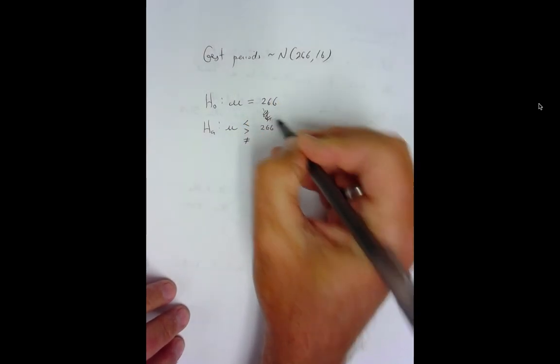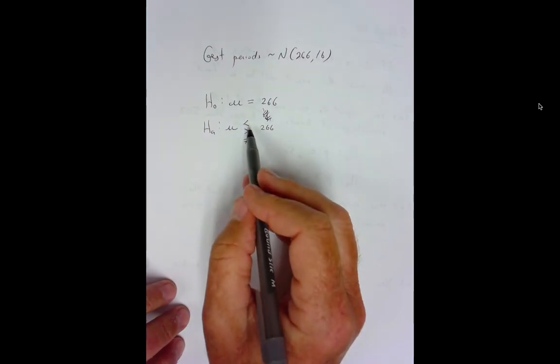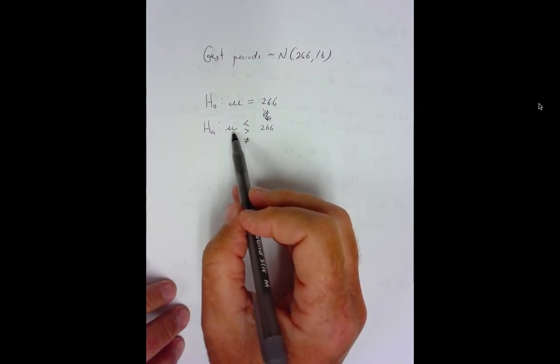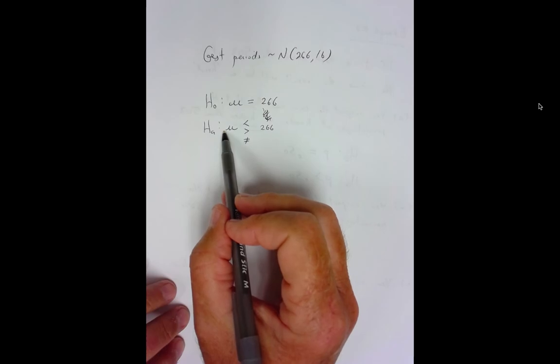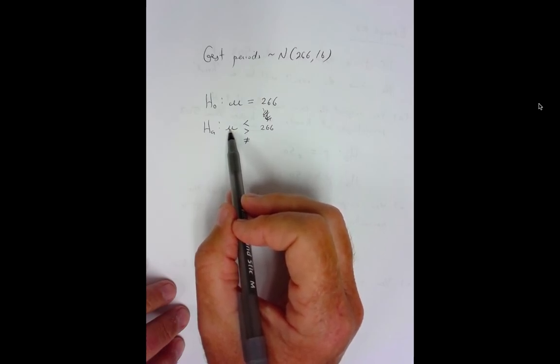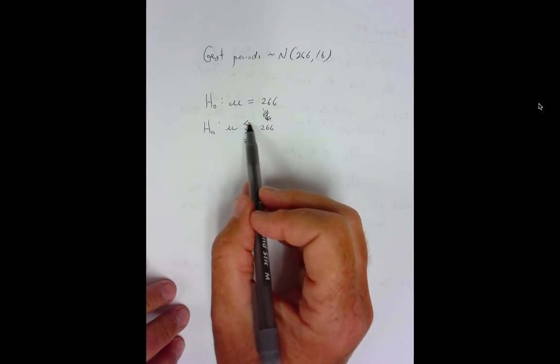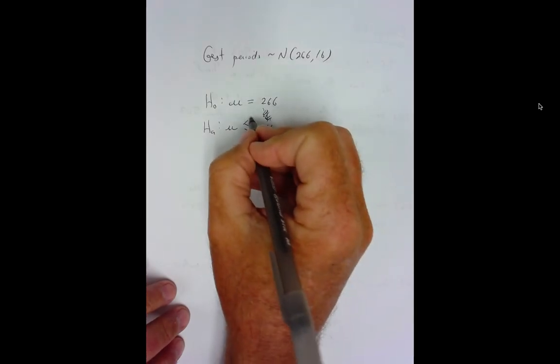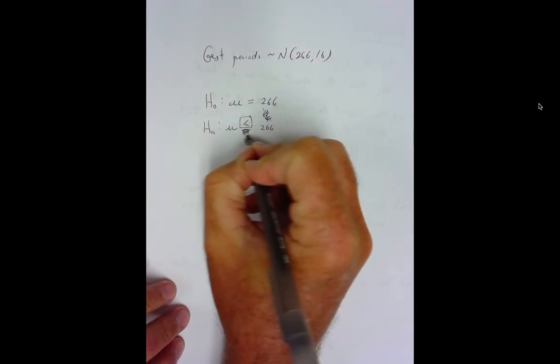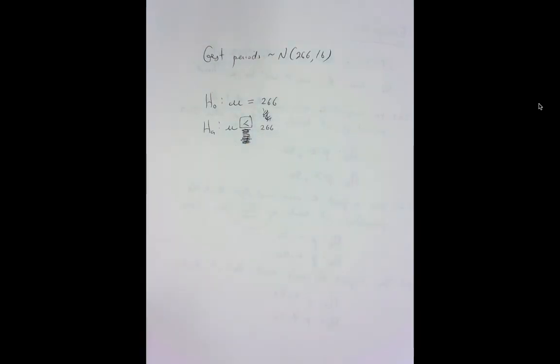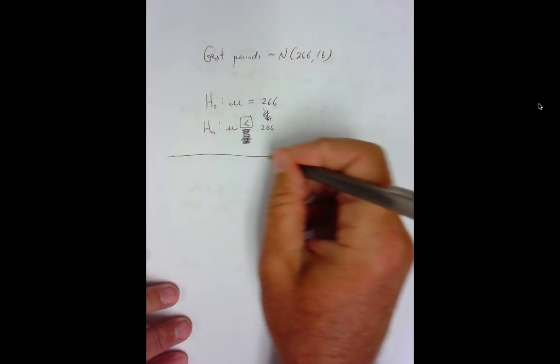So really all you got to do is come in and choose the inequality, and the way I set it up, the doctor felt that the women in his area had a mean gestation period that was less than everyone else. So the alternative hypothesis would be less than 266.